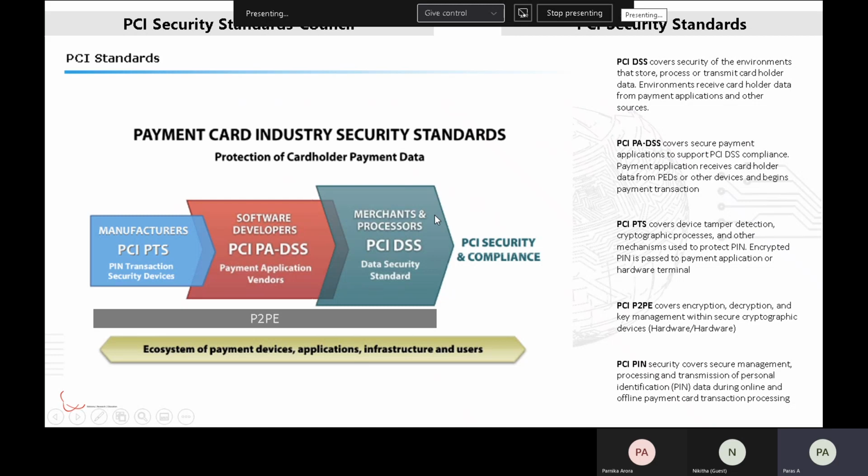Any environment related or data security at large will come under PCI DSS. P2PE, because it deals with encryption, will cut across all three security standards, because encryption is required here, here, and here as well. Clear?